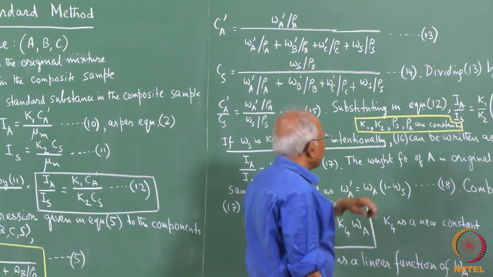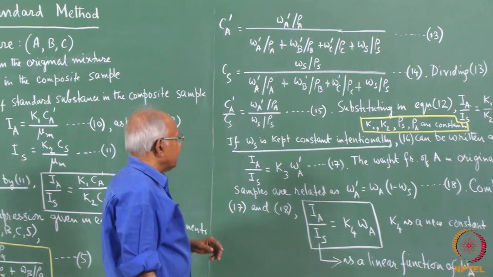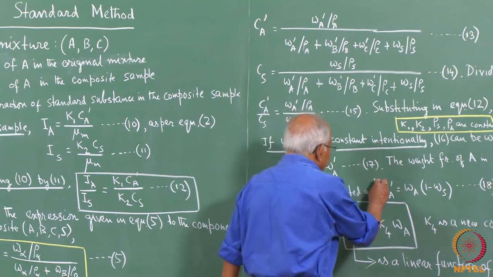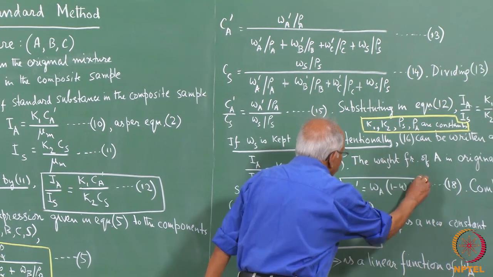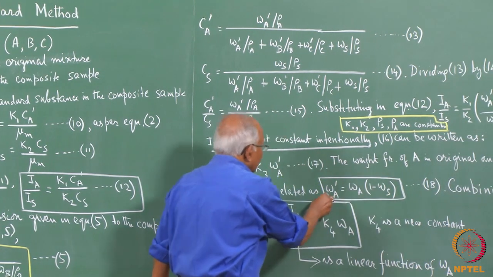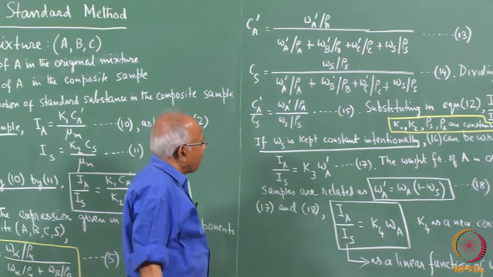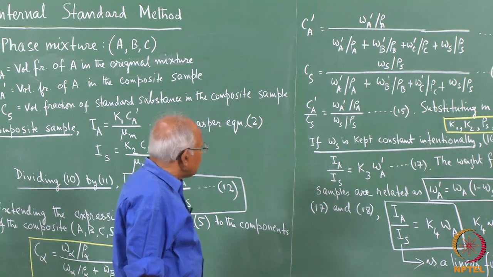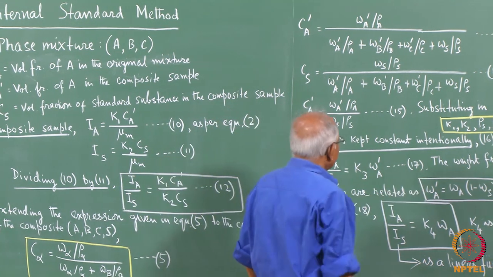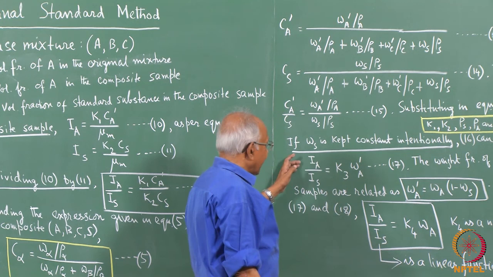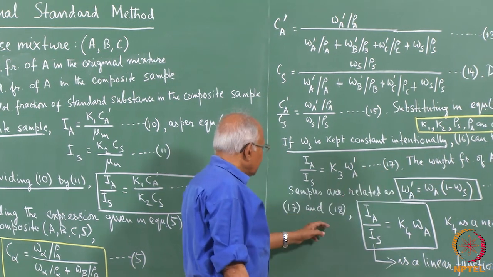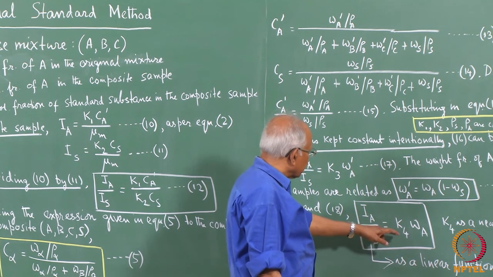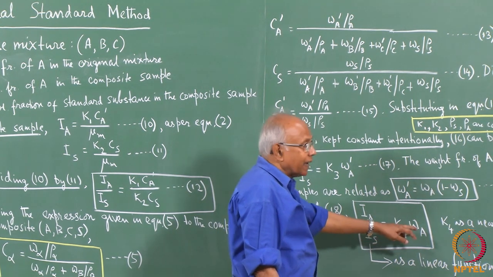Now, the weight fraction of A in the original and the composite samples are related in this manner. W_A' is equal to W_A into (1 minus W_S). Now, if we combine the expressions 17 and 18, we can write down I_A/I_S is equal to K4, which is the new constant, into W_A.